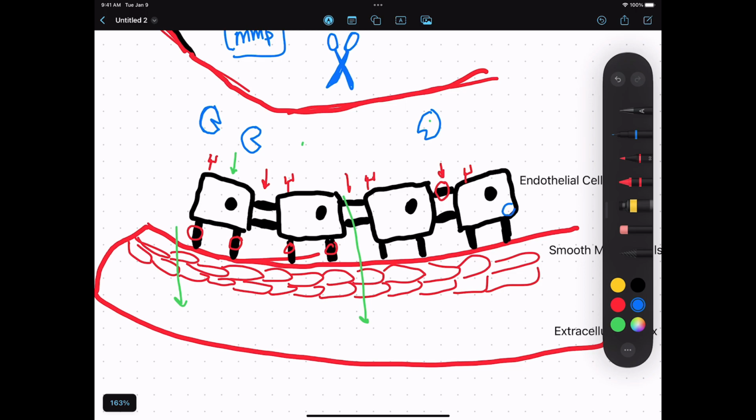So we can have MMPs here, here, and here and here. When they get recruited along with inflammation, because we know inflammation is such an important process, here's some inflammation, here's some inflammation. I'm being very broad in general.